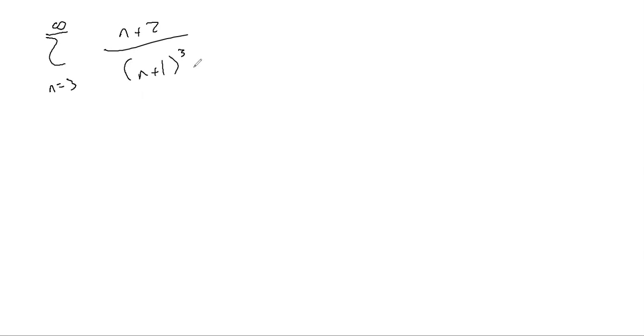Okay, so let's see, what could we try and compare this to? If I multiply all this out, I would get n cubed plus blah, blah, blah, right? And then on top I have n. So let's try and compare this to n over n cubed, which is equal to 1 over n squared.